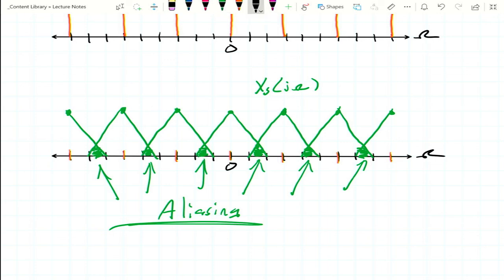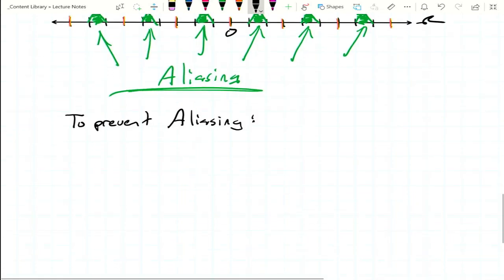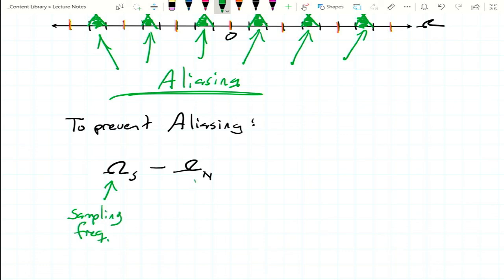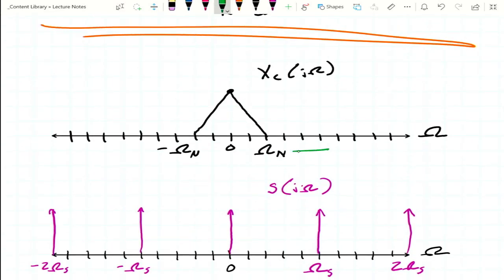Now, the relationship that has to hold to prevent aliasing, this relationship has to hold, right? The difference between omega sub s and omega sub n. This is our sampling frequency. And omega sub n, if I scroll back up here, is the largest frequency that our signal extends out to.